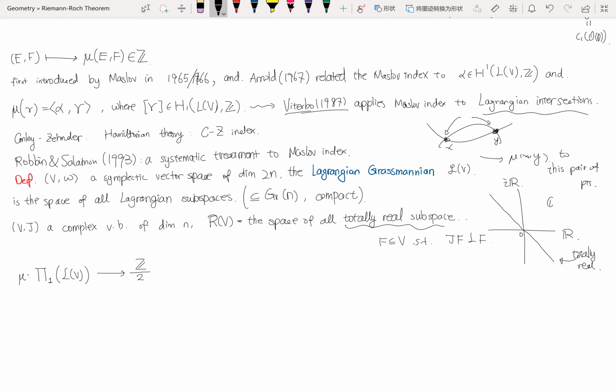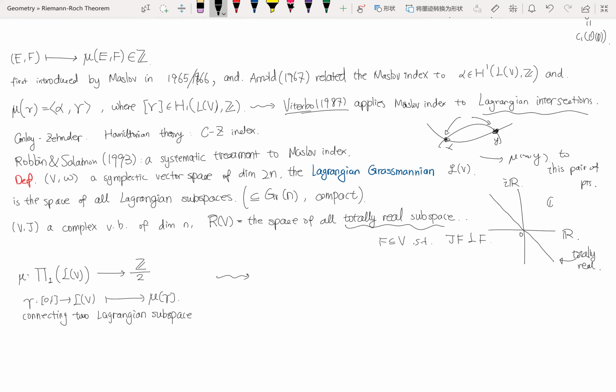That is, for any curve gamma from [0,1] to LV connecting two Lagrangian subspaces, we assign a half integer mu(gamma).